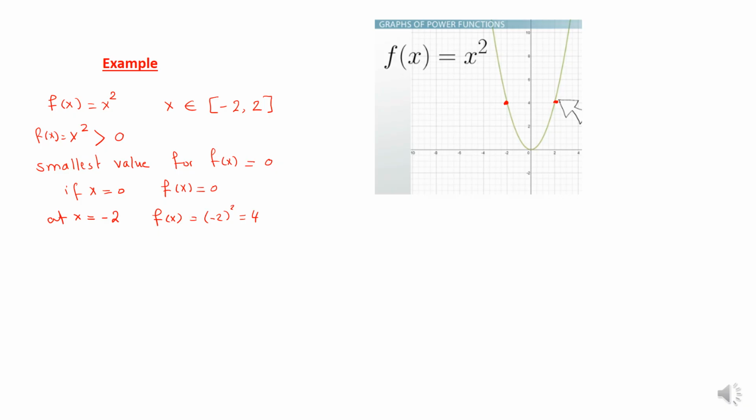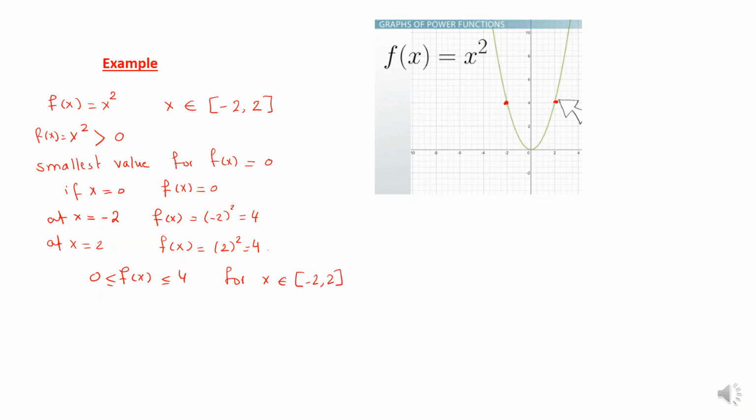From 0 to 2, the function is increasing. So the highest value it can take is at x equals 2, which is also equal to 4. So the function is bounded between 0 and 4 for x between -2 and 2.